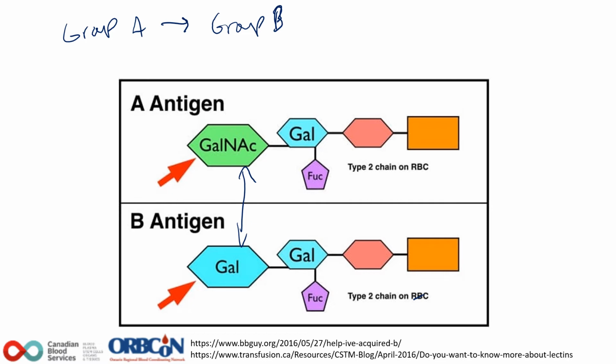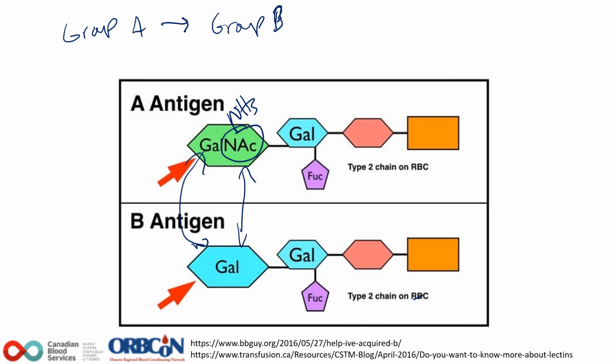This is an N-acetylgalactosamine, and this is just a galactose. They're similar enough that when certain bacteria are infecting humans, they have an enzyme called deacetylase. That deacetylase can remove the acetyl group, leaving behind an NH3, which then can look similar to monoclonal antibodies.